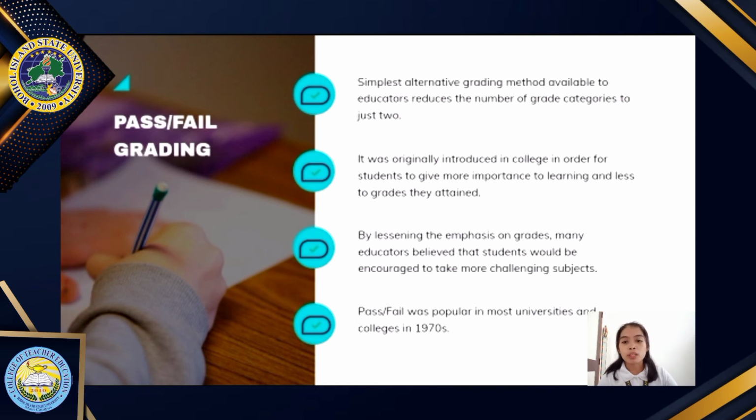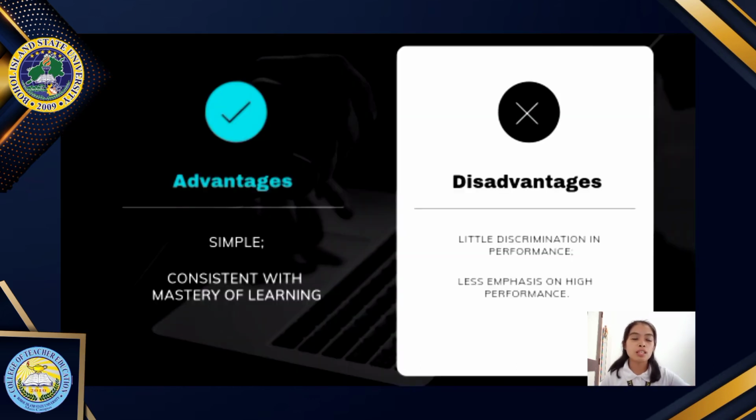And basically, it operates on a binary grading system, meaning that no letter grade will be recorded on your college transcript. So, the advantages and disadvantages of pass or fail grading. So, this pass-fail grading is simple and consistent with mastery of learning, because it simplifies the grading process for teachers and students, and using a single minimal cutoff and only 2 grade categories improves the reliability of grade assignments.